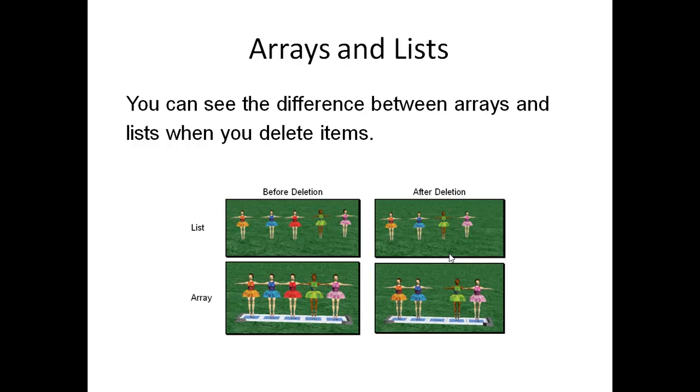But in array, if you are having 5 dancers closely compact to each other, and you are removing the middle one from the box, middle box, then that box will be an empty one, and other dancers are to be present in their original position.